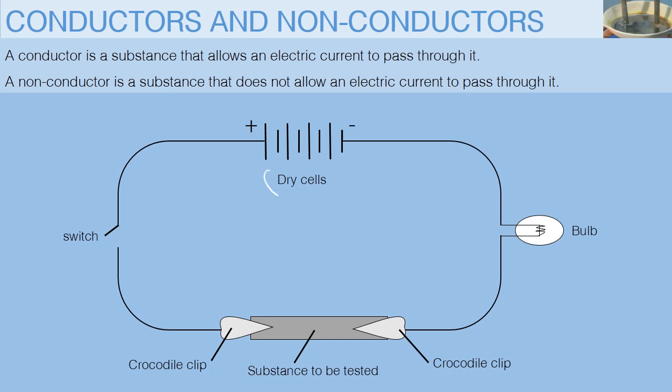The dry cells provide the driving force which makes the electrons flow in one direction in the circuit.